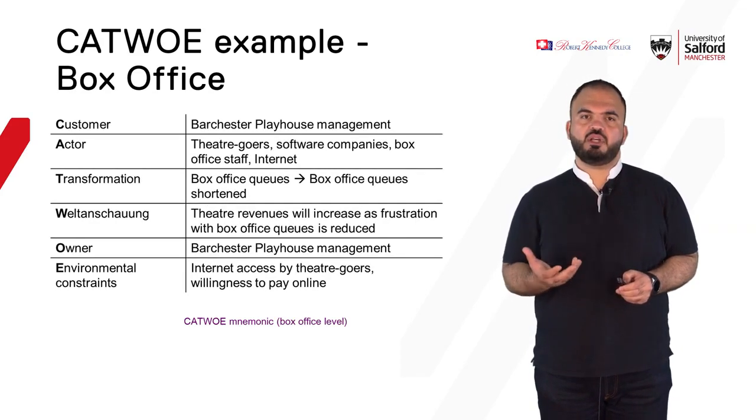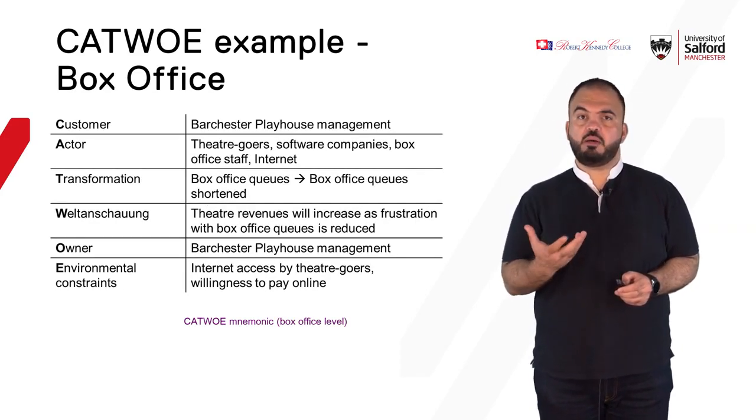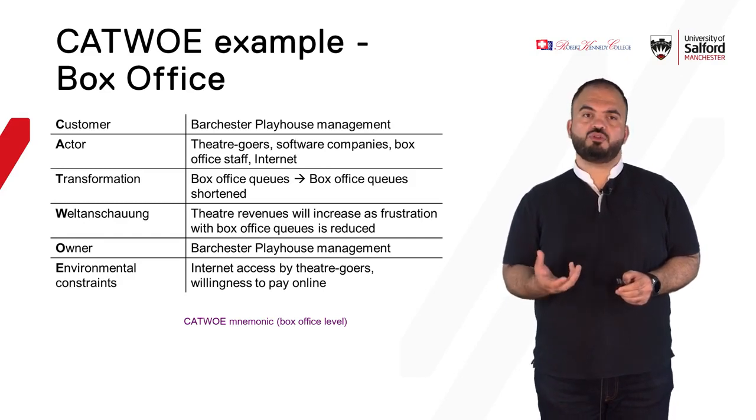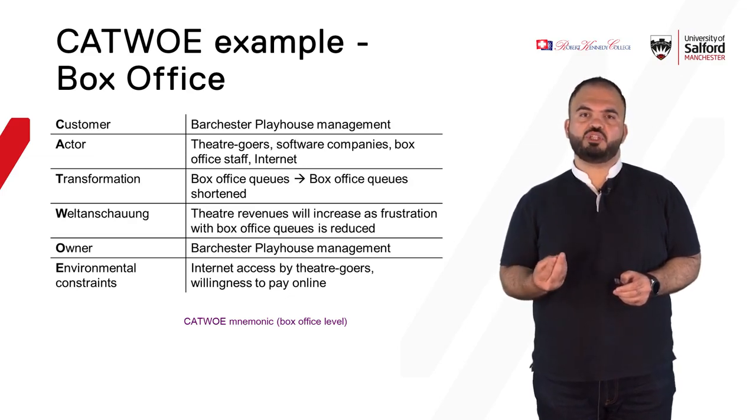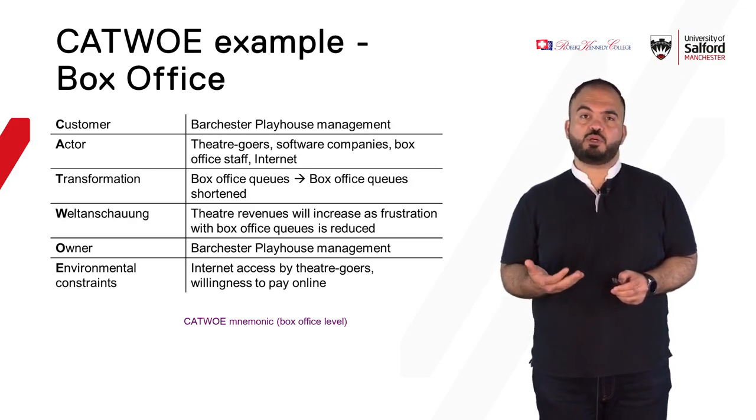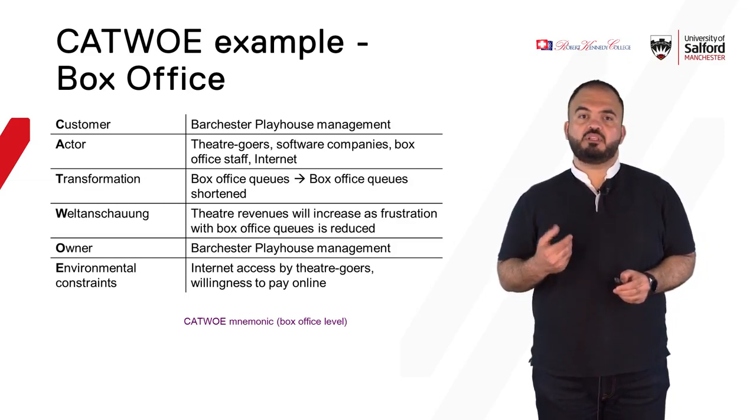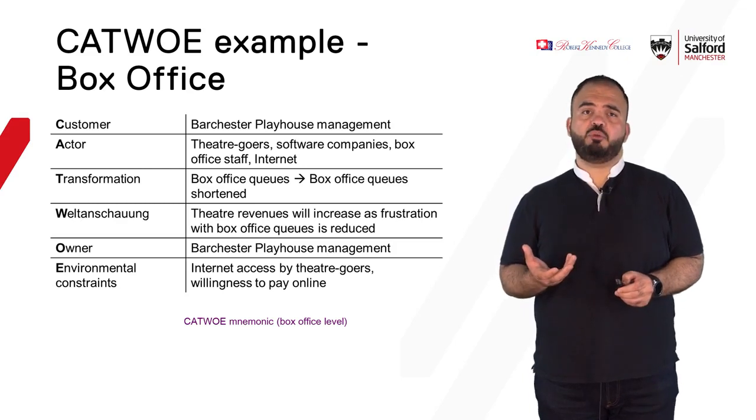So have a look, for example, at a box office. Who are the key customers and what is the required transformation? If the required transformation is to have fewer queues and shorter waiting time, then the customers would be the management of this box office.